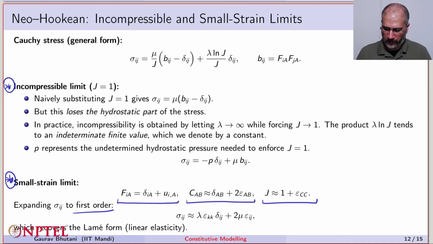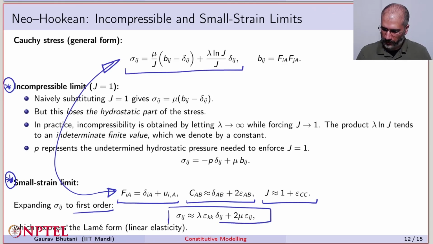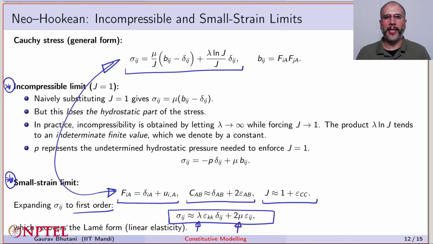And when we substitute these small strain approximations into our Cauchy stress tensor expression for Neo-Hookean materials, what we see is that this expression boils down to the same isotropic linear elastic expression with the two Lamé constants lambda and mu. So our isotropic nonlinear elastic model under small strain limit boils down to the isotropic linear elastic model as we see here.